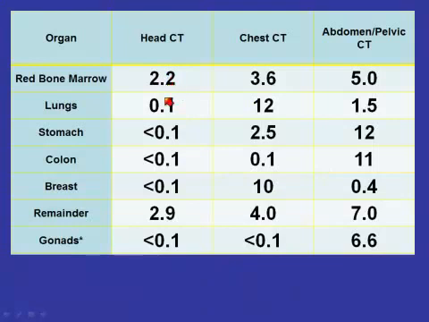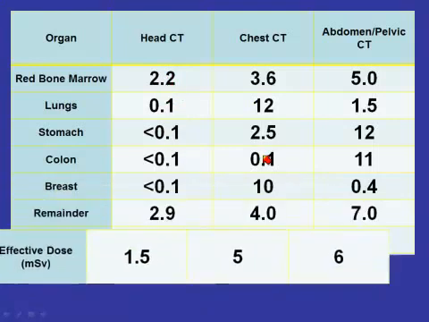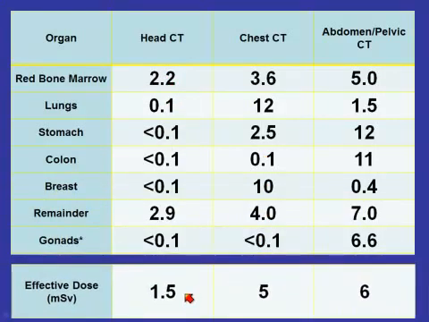So now if we look at these patterns of energy deposition, you calculate the effective dose and you see that the head, even though it uses much more radiation, CTDI vol is typically 60 milligray, the effective dose is a lot less than a chest and an abdomen, where CTDI vols are typically in the 10 to 15 milligray region. But you can now directly compare these values.